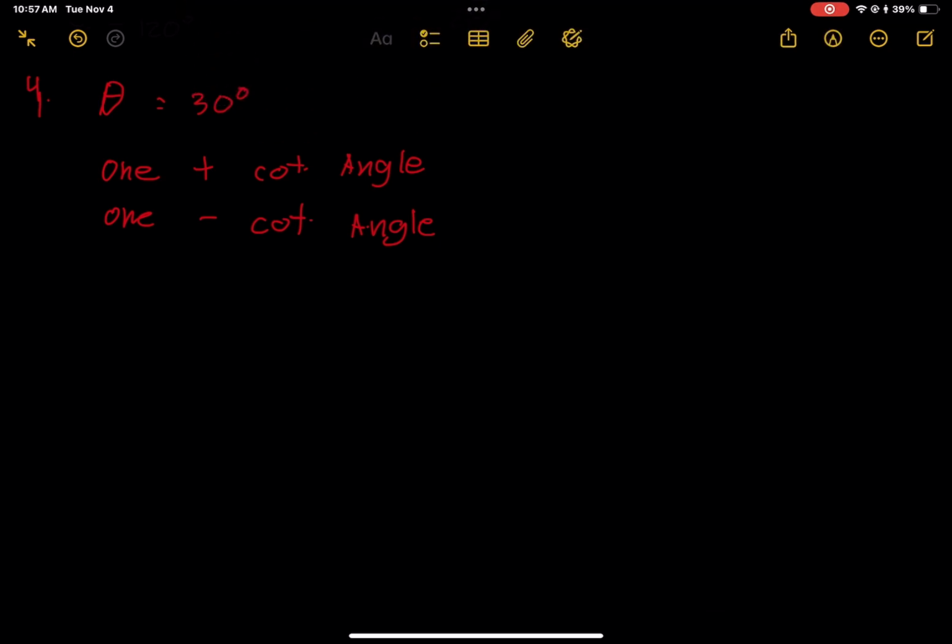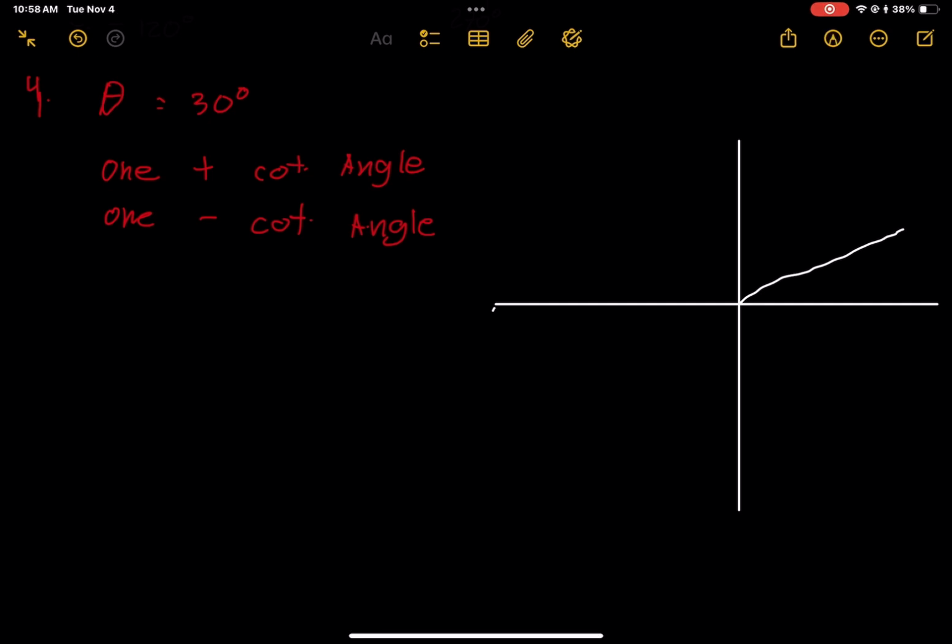First, let's draw our graph and plot 30 degrees, the given angle. 30 degrees must be right here.